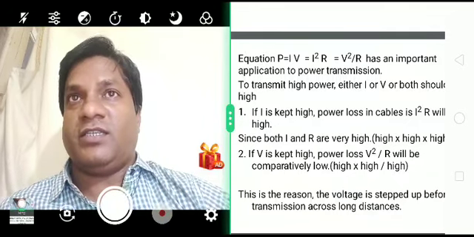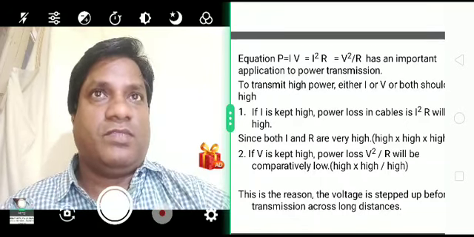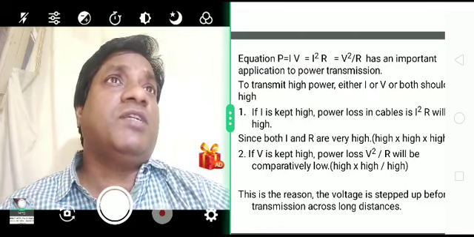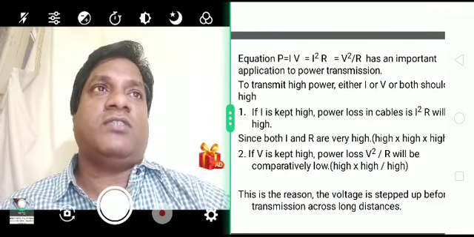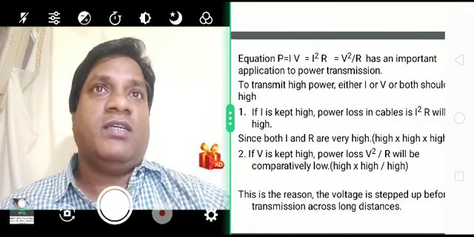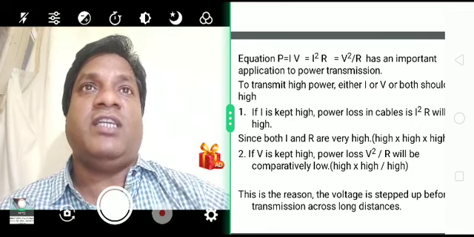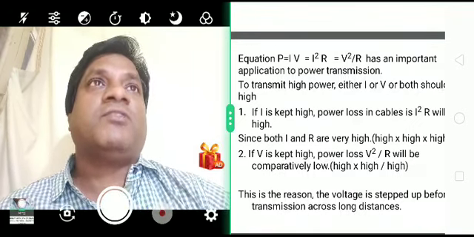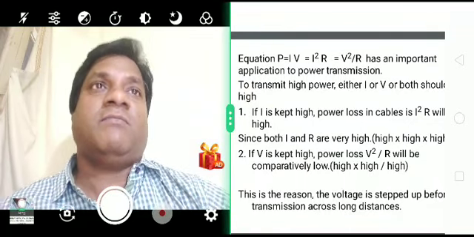Now consider the second case. If we transmit the power at high voltage, that means we keep the voltage high. Now see, P is equal to V square by R. So the power loss in the transmission lines will be V square by R. Now V is high, so V square is high times high, but the resistance is again high. So it's high into high divided by high.